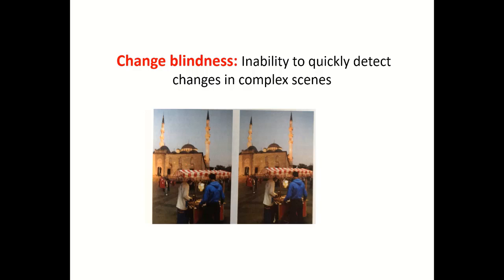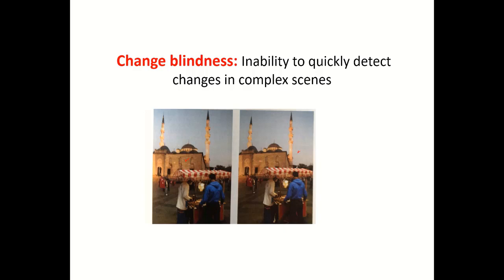So if you are asked to look at this one for a while, and then you pay attention to this picture, and are asked, do you see any change? It is not very easy to quickly detect that change in the changed image. So that is the change blindness.